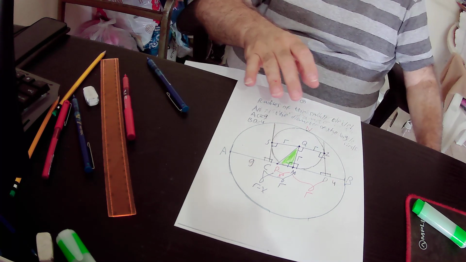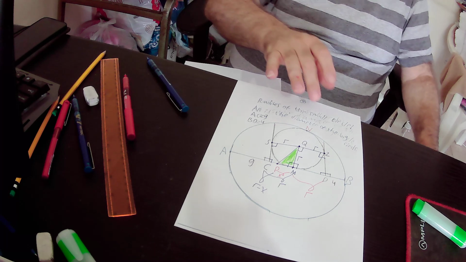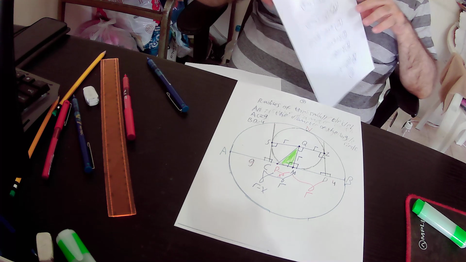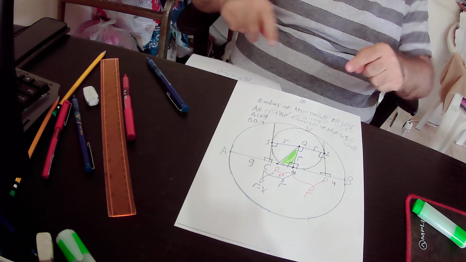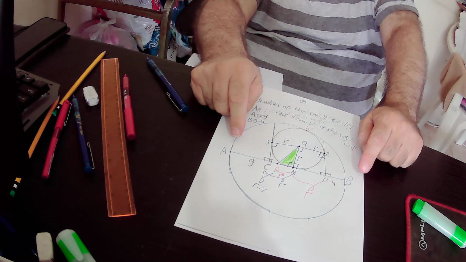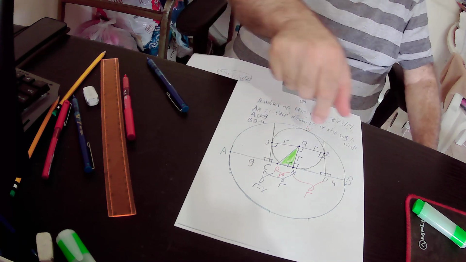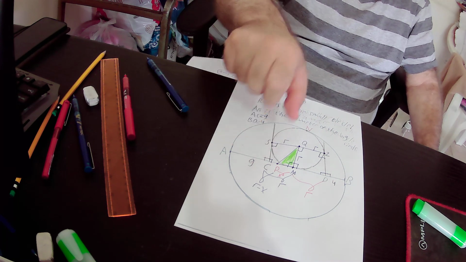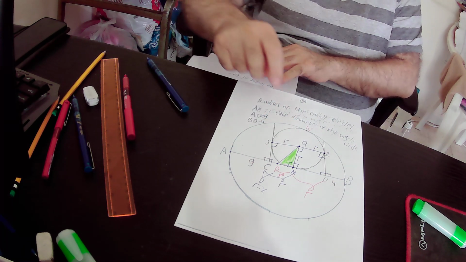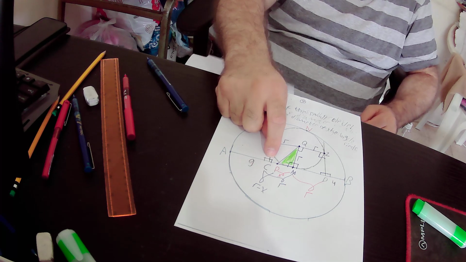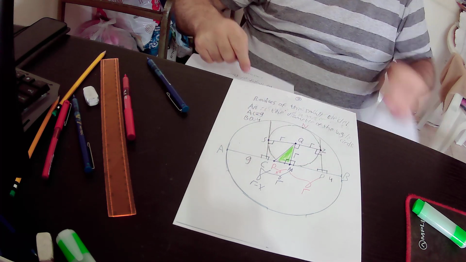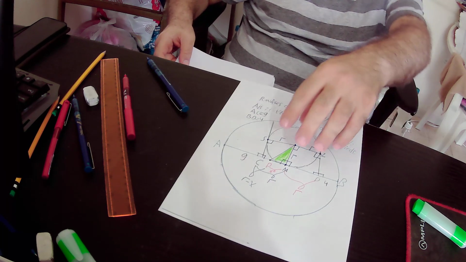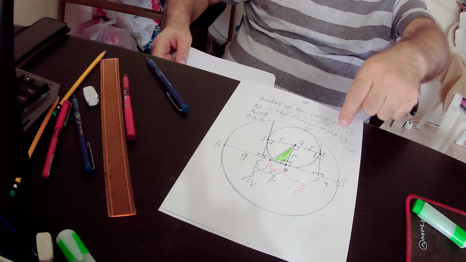We know that those two circles have internal tangency between them at point N, and we also know that AB is the diameter of the big circle, BD equals 4 units, AC equals 9 units, and this is a right angle, and this is also a right angle, and this small circle has 3 tangents.